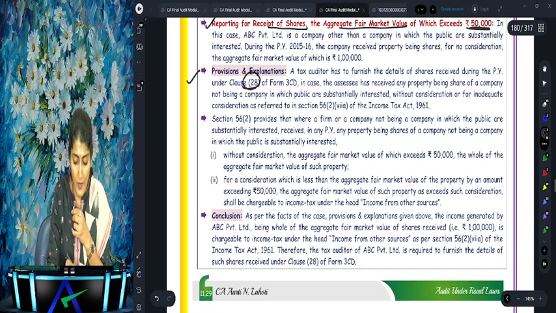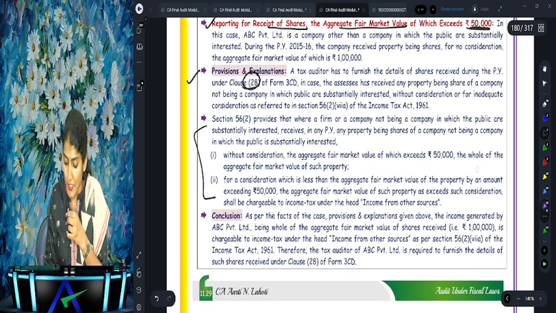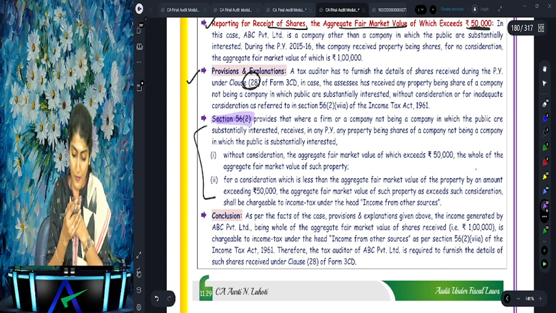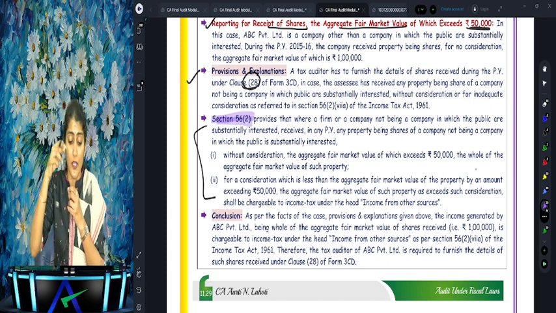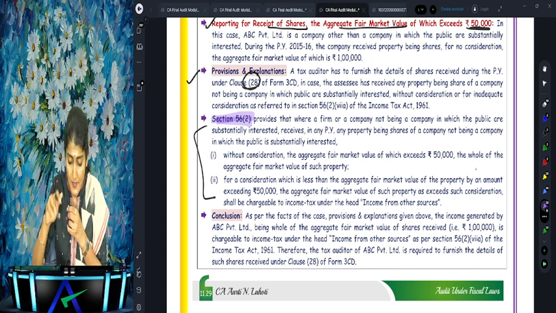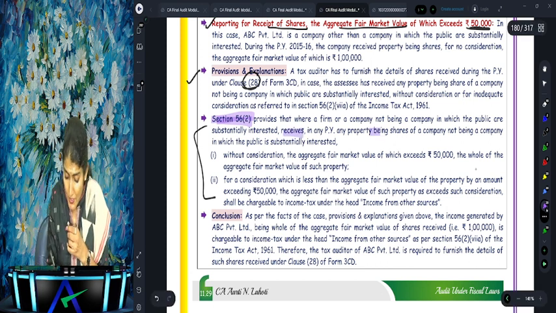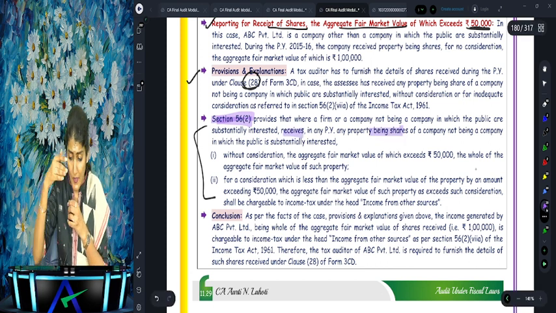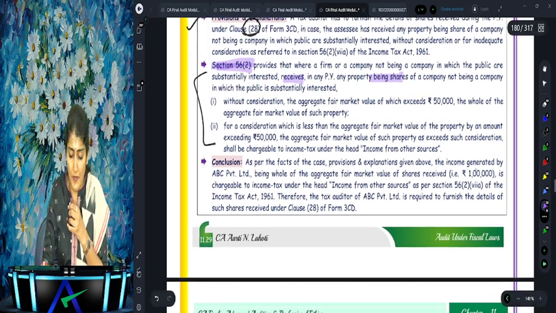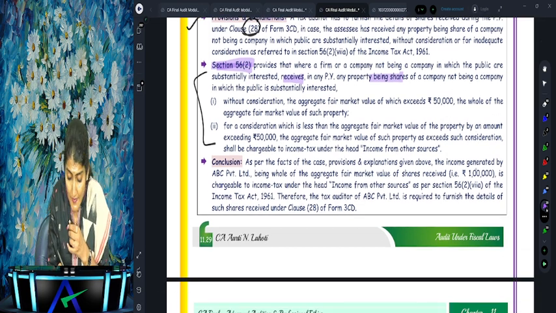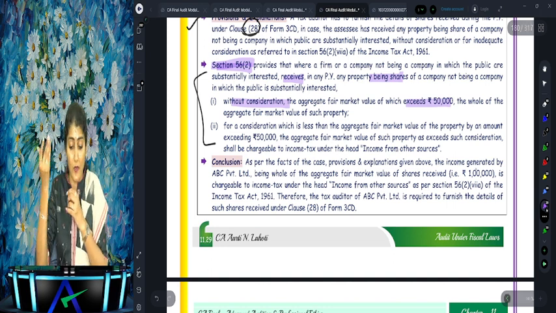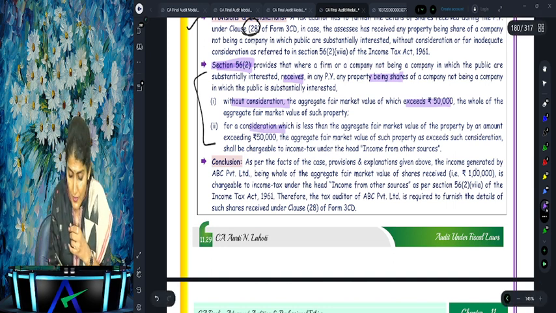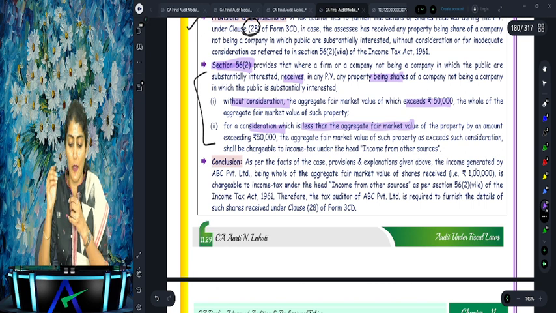Then what you need to write in your answer is that section 56(2) of the income tax law provides that where a firm or a company, not being a company in which the public are substantially interested, receives any property being shares, without consideration, which exceeds 50,000 (so up to 50,000 is allowed), or for a consideration which is less than the aggregate fair market value.